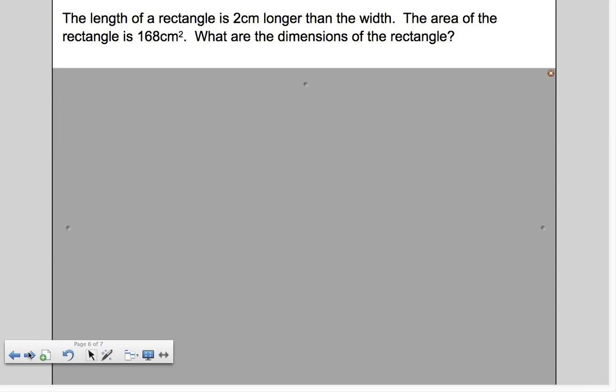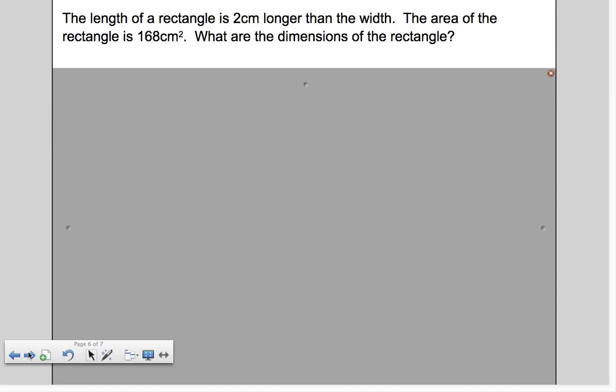So, how might we proceed with this? First thing I would do is draw a rectangle.